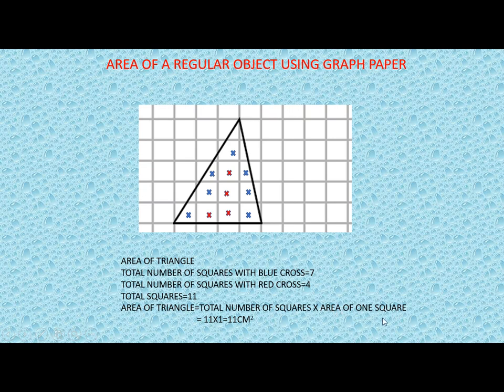Normally in a graph paper the area of one square is 1 centimeter square. So our formula is 11 into 1, which is equal to 11 centimeter square. This is how we find the area of a regular object using graph paper.